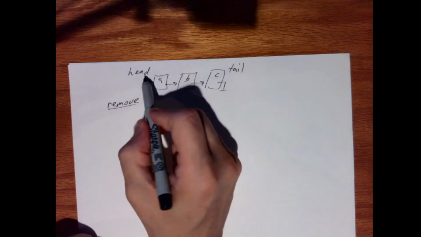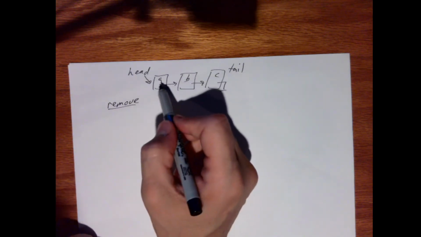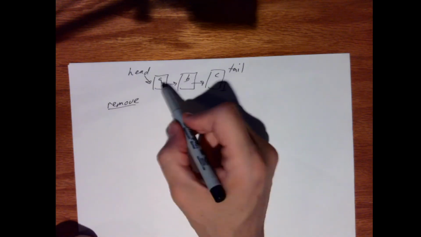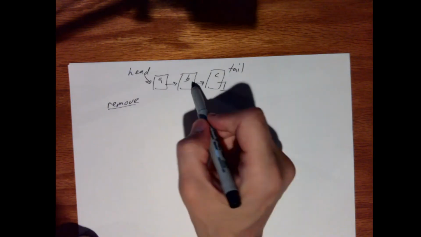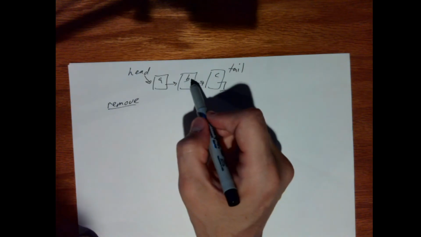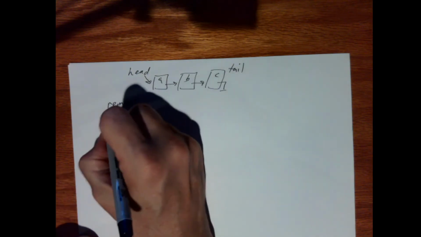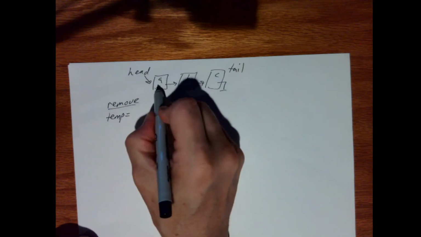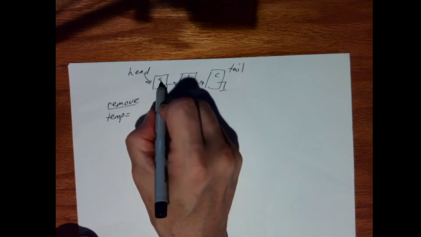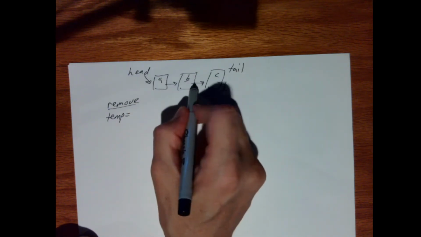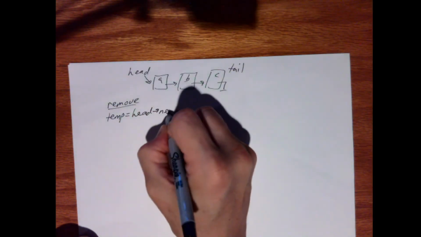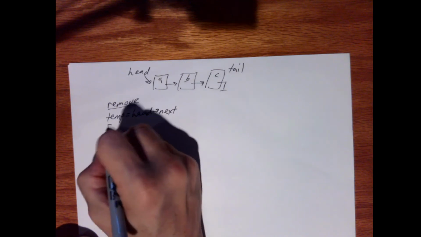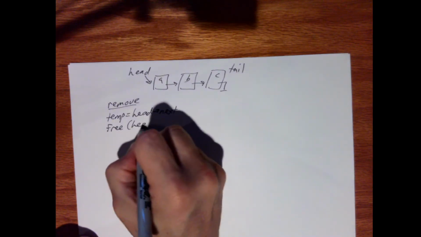So if I say free head, that will free up the memory for A, which I need to do. But now how do I know where B is at? Because ultimately I need to say head now points at B to make that the new first node. So instead what I do is this. I say temp is equal to head next. Because the next component of the A node, which head points at, contains the address of B. So head next. And now I can say free head.